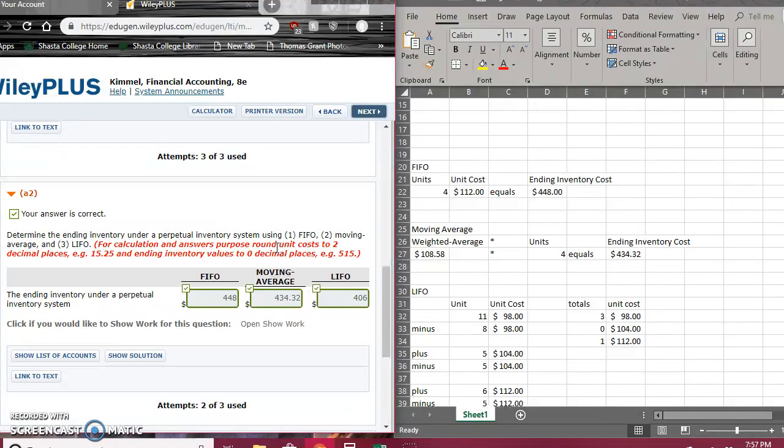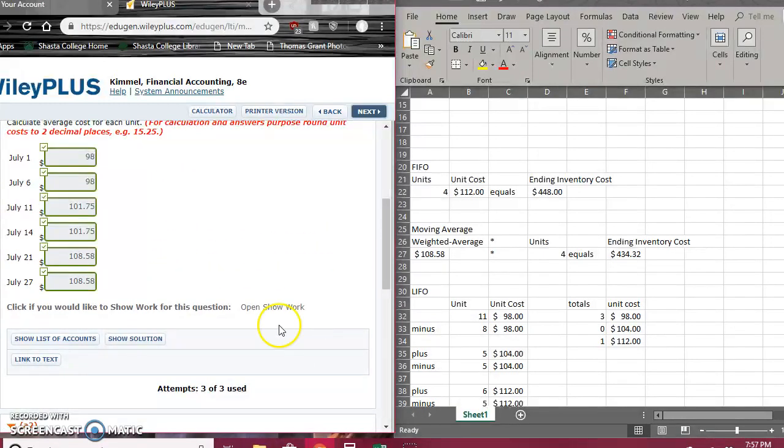So to find the moving average, the weighted average unit cost is applied to the units on hand to determine the cost of the ending inventory. So we already found the weighted average in part 1, which would be this number right here, $108.58.